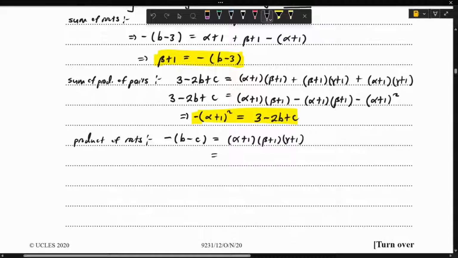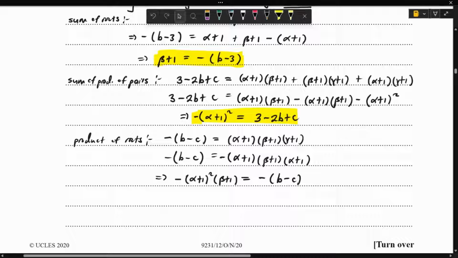So it's as good as we have alpha plus 1 of beta plus 1 of minus of alpha plus 1. So that's all equal to minus b minus c. So it's like we have minus of alpha plus 1 squared of beta plus 1 being equal to minus of b minus c.